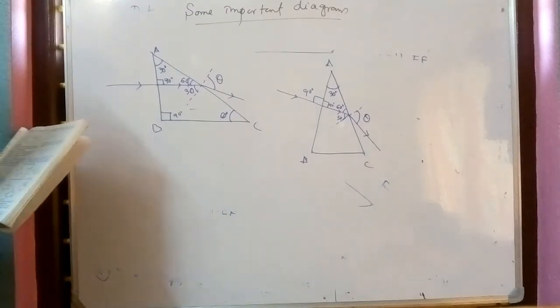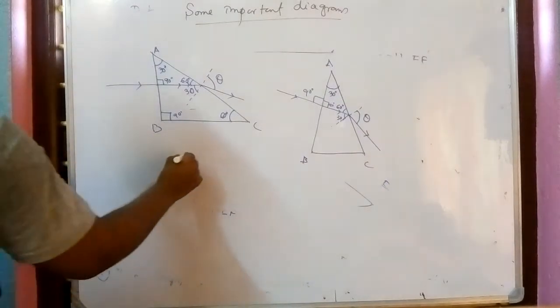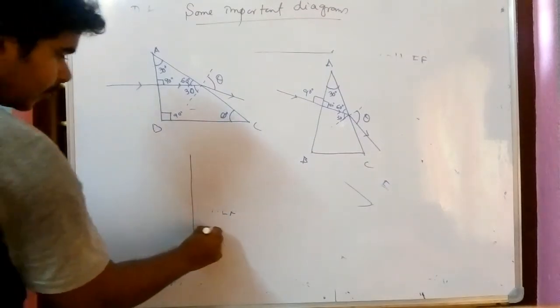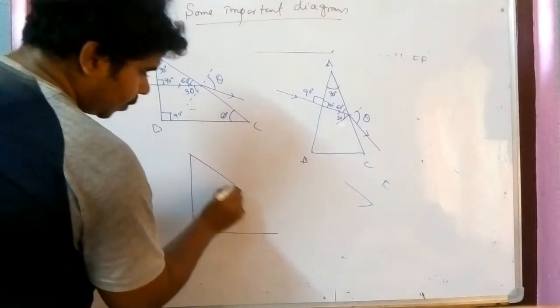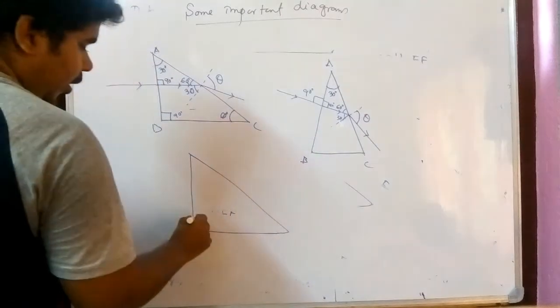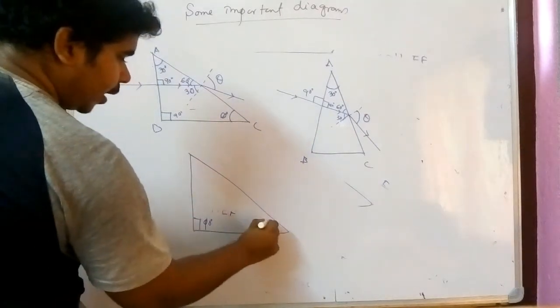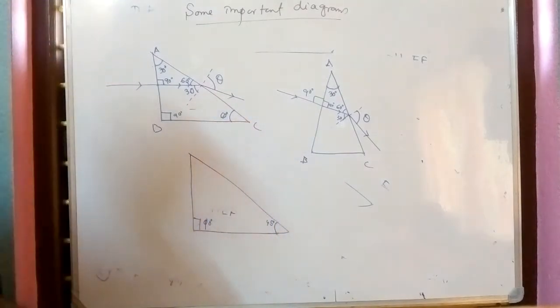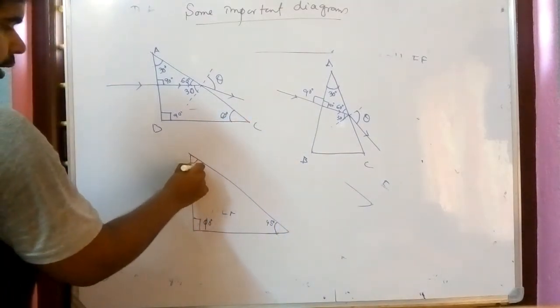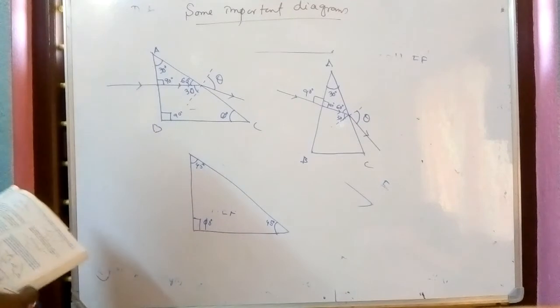So another 90-degree prism is given here. It is 90, and this angle it is mentioned it is 45-degree. So if it is 45, this angle will also be 45. It is clear.